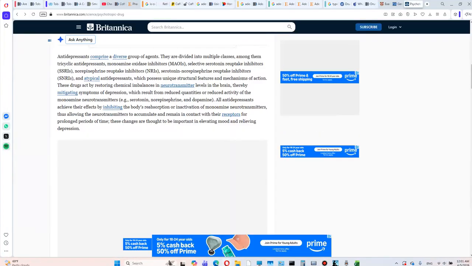Antidepressants comprise a diverse group of agents. They are divided into multiple classes.